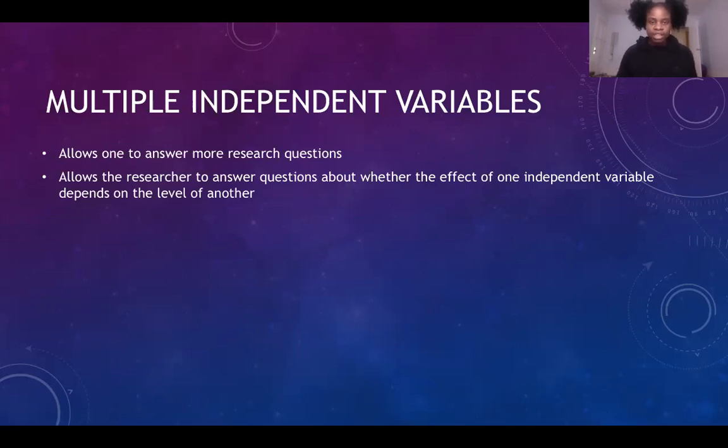The second section of chapter 8 goes on to multiple independent variables. In this section, Paul Price is going to explain why researchers often include multiple independent variables in their experiments. He's going to define a factorial design and the use of factorial design tables to represent and interpret simple factorial designs.